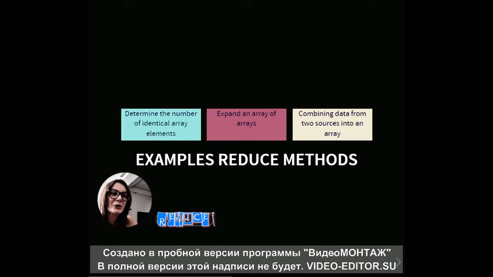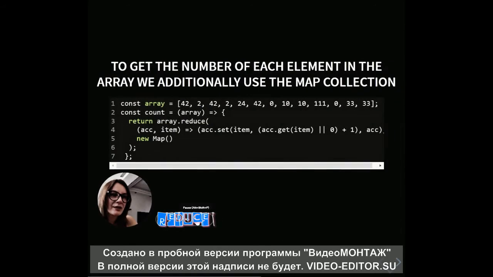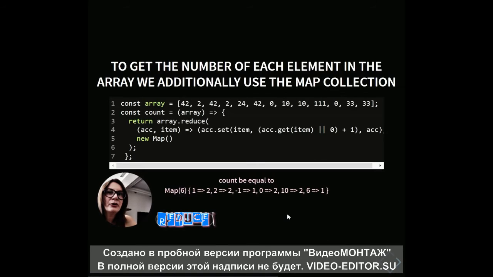Now I will show it. To get the number of each element in the array, we additionally use the map collection. In this example, count will be equal to a collection with pointers to the number of repetitions.